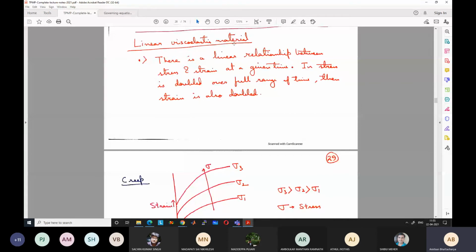We will come to what it means later on. For example, if with time the stress increases to twice the value, the strain will also be twice the value, although they can vary with time. I will come into what exactly a linear viscoelastic material is.